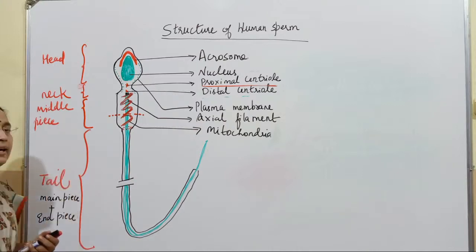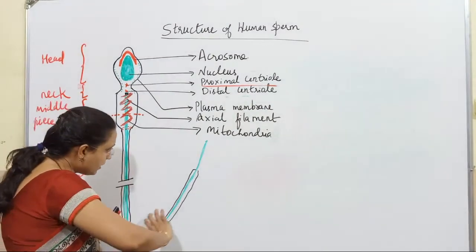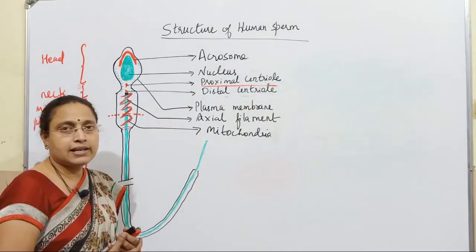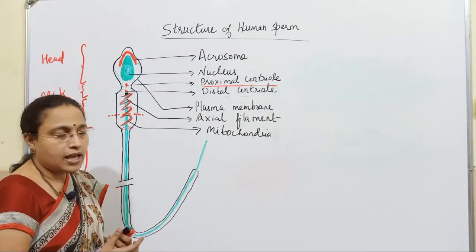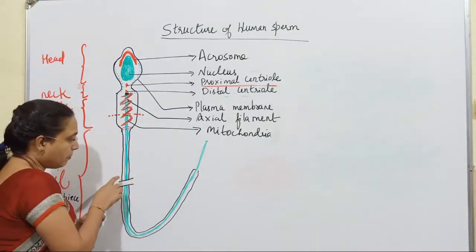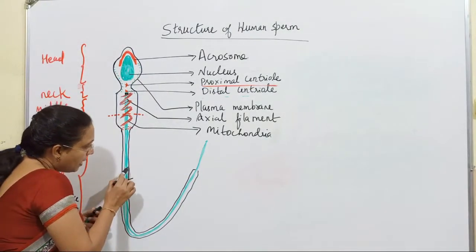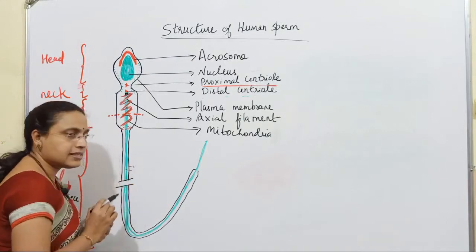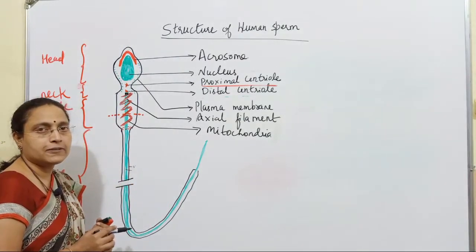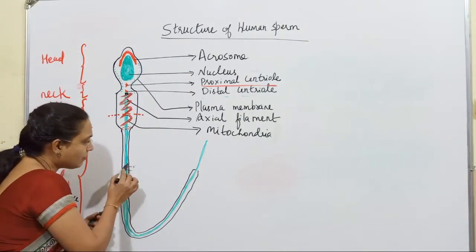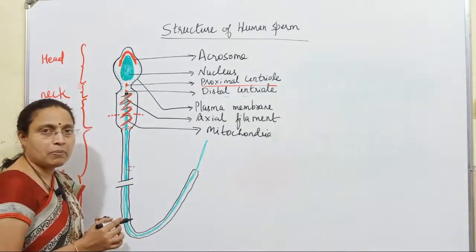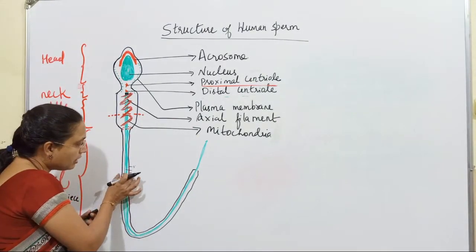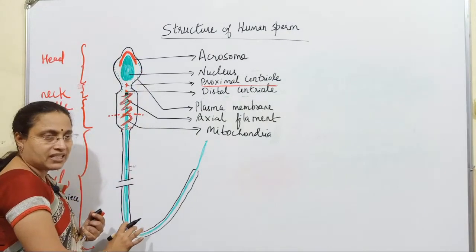Now if you observe the tail, you will easily understand the main difference. In the main piece or principal piece, you have both plasma membrane as well as axial filament. Both are there. There is a very thin rim of plasma membrane, so there is no extensive cytoplasm in this form.